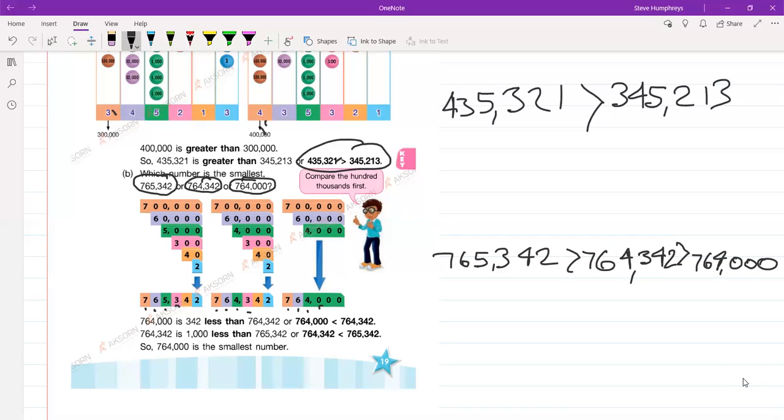Okay, this explains it a little bit differently, but what it's saying is 765,342 is the greatest number. 764,342 is the second number, and the smallest number is 764,000. Okay, there you're comparing three numbers.